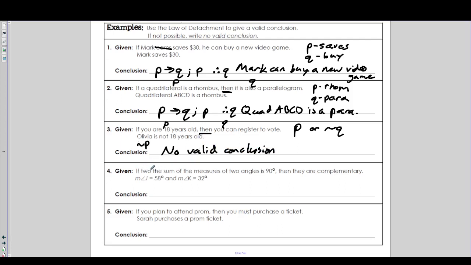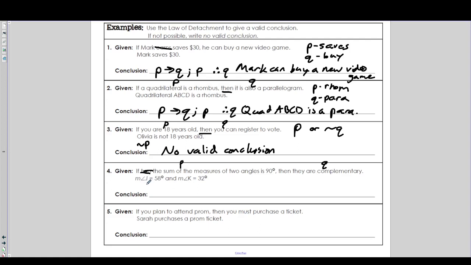This one says if the sum of the measures of two angles is 90 degrees, then they are complementary. This one's interesting, and I'll come back to it, but we have this is P, and this is Q, and it says measure of angle J is 58 degrees, measure of angle K is 32 degrees.